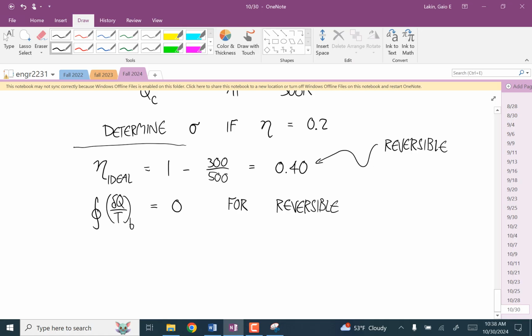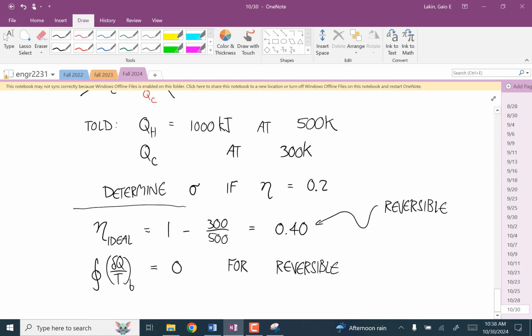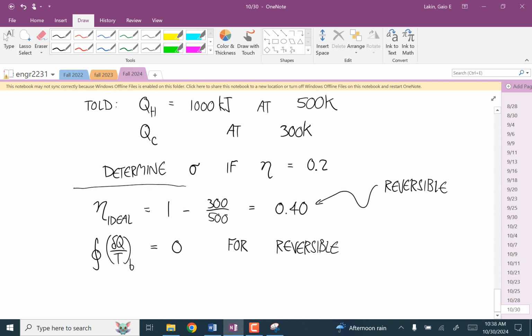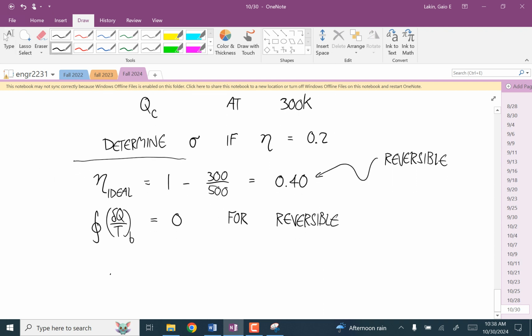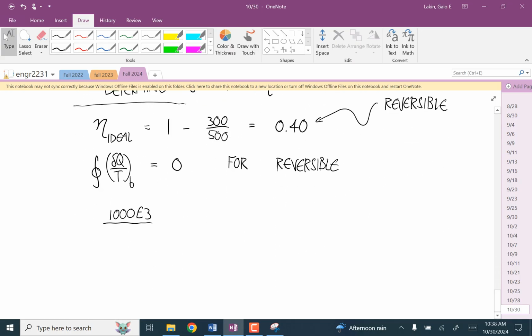So where do we have heat transfer? Coming into the system, we have 1,000 times 10 to the third joules divided by a temperature of 500.